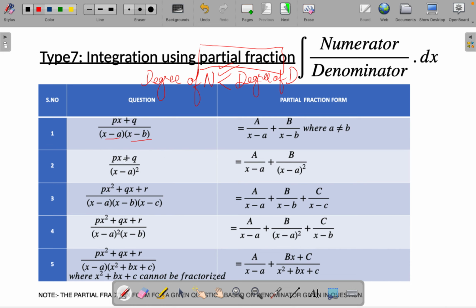If the question is a linear expression divided by a whole square polynomial, then the partial fraction will be A upon the linear plus B upon the whole square of the denominator which is present. Third, if there are three linear factors, this is just symmetrical to the first one. So A upon the first factor, B upon the second factor, C upon the third factor. Again, the order doesn't matter.